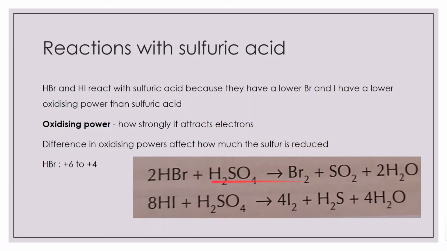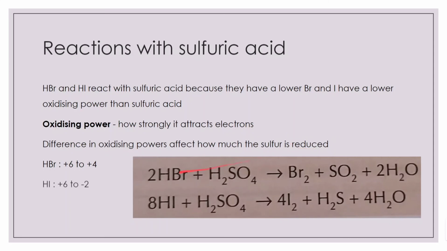And this isn't a massive difference between our oxidation states before and after the reaction, and this is because bromine and sulfuric acid actually have quite similar oxidative powers. Even though sulfuric acid does indeed have a higher oxidative power, it's not much higher, so sulfur isn't reduced as much.